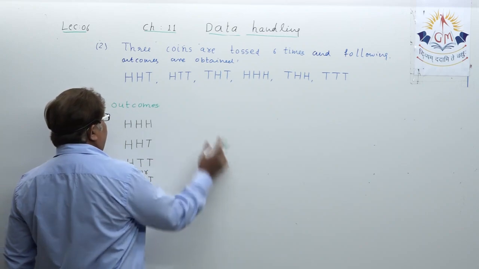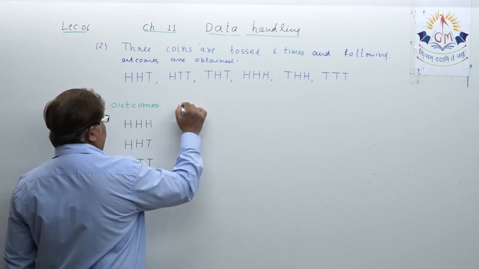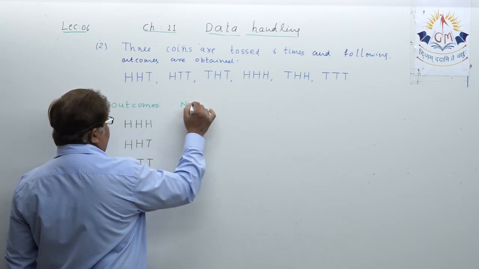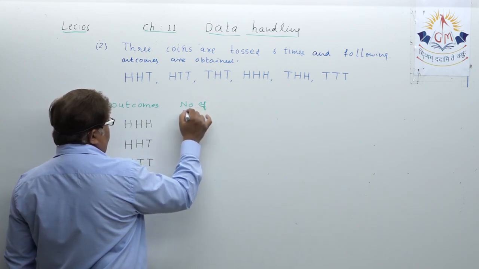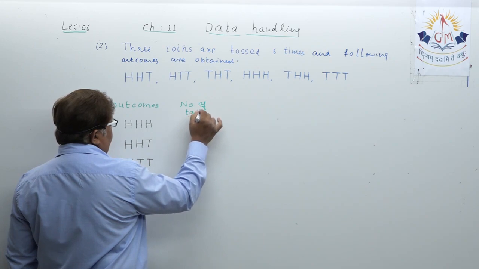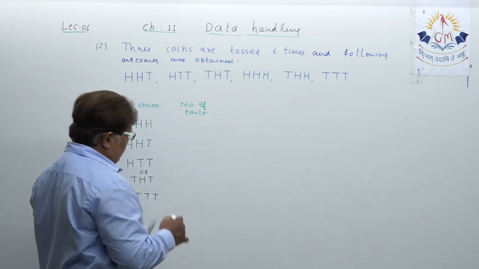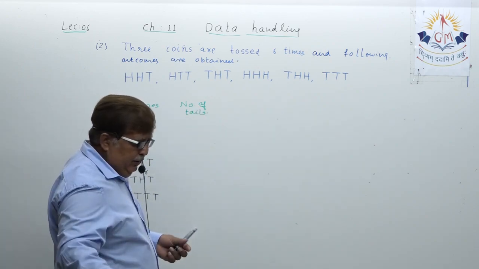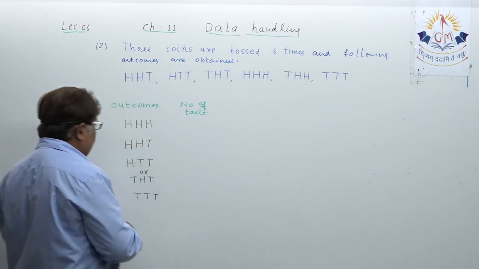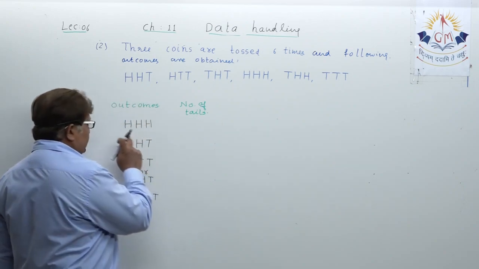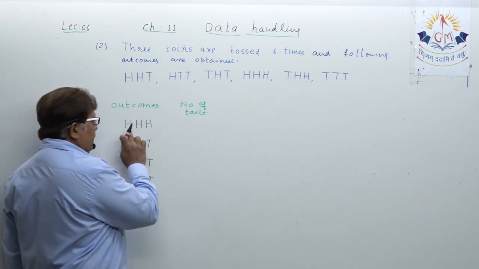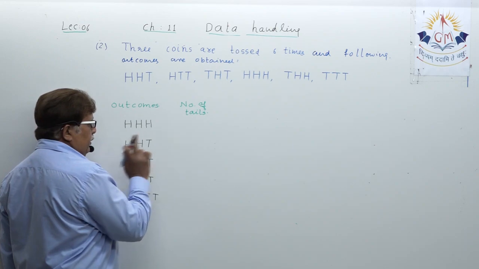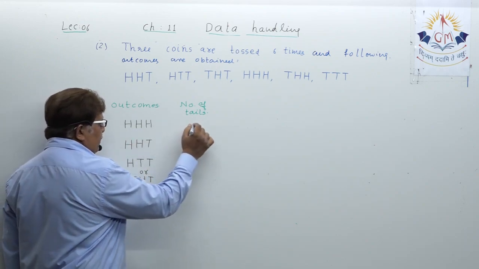Okay, now let us write number of tails. As you know, number of tails, because such outcomes, HHH, do not involve any tail, means 0.